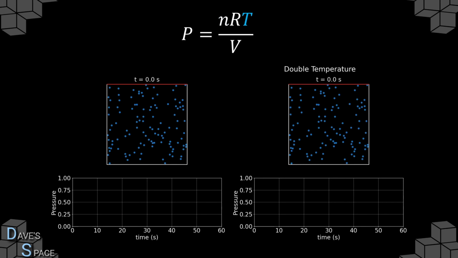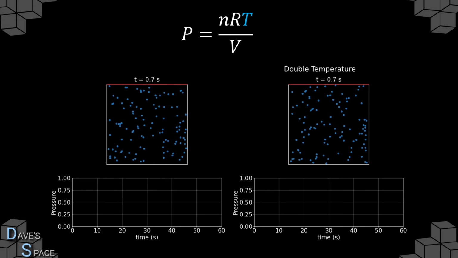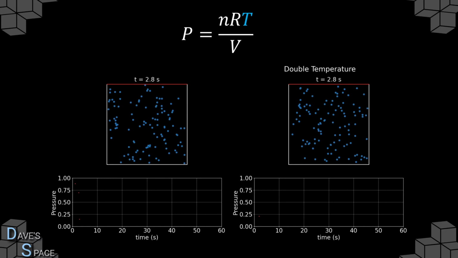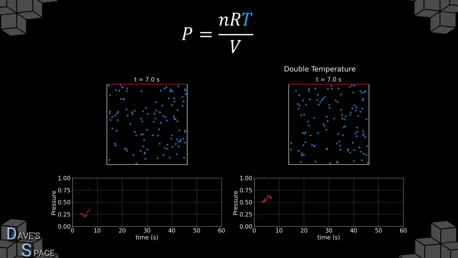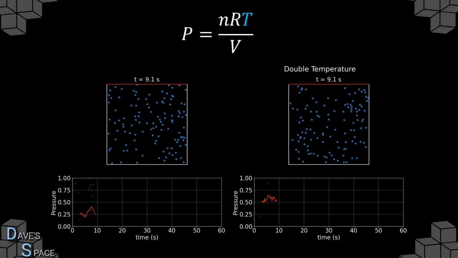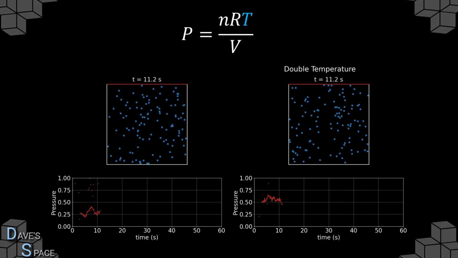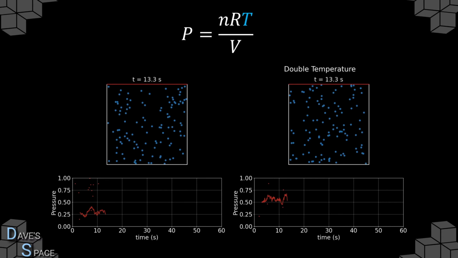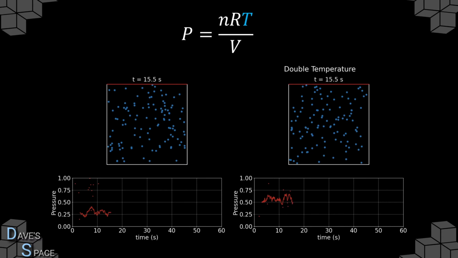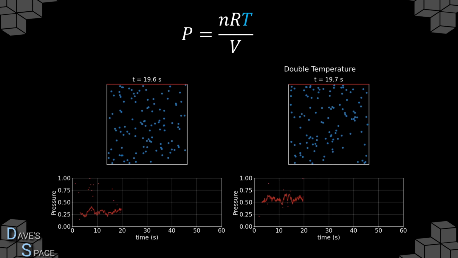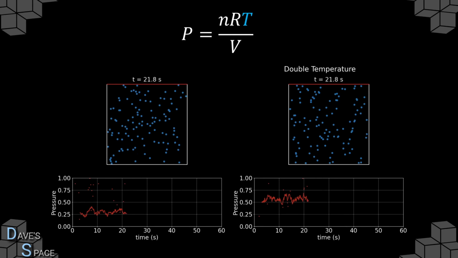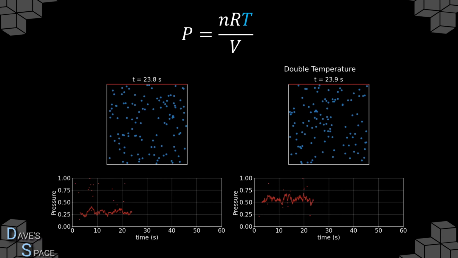So according to the equation, if we double the temperature of the particles, the pressure should double, but why? Temperature is related to the average of the square speed of each particle, and so to double the temperature, we have to multiply the speed by square root 2, which is about 1.41. We can see that because the particles on the right are moving faster on average, the force they exert on the line, and the frequency at which they collide with the line, is increased.